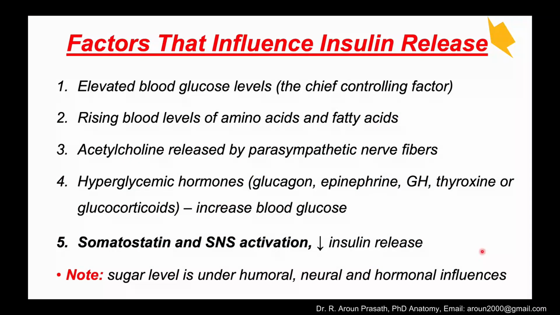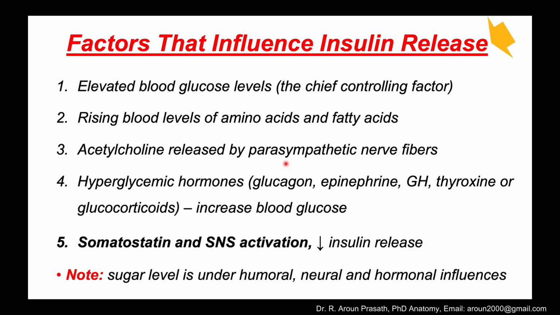Okay, next, what are the factors responsible for release of insulin in the blood? One is the elevated blood glucose level. Once the pancreas senses high blood sugar level, the insulin will be released. Then rising blood levels of amino acid and fatty acid can also increase the insulin release.